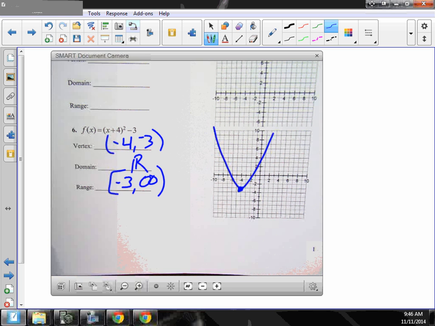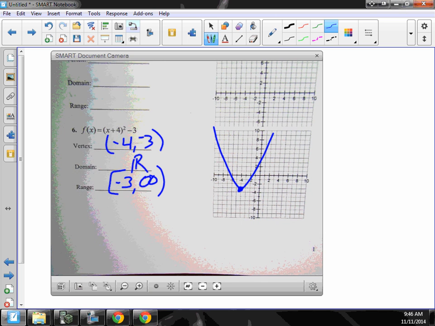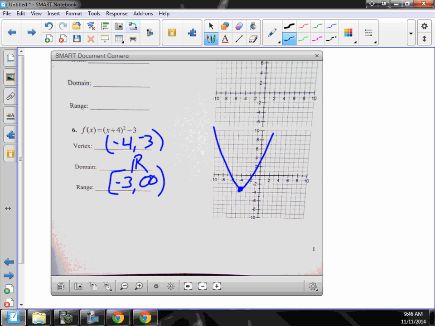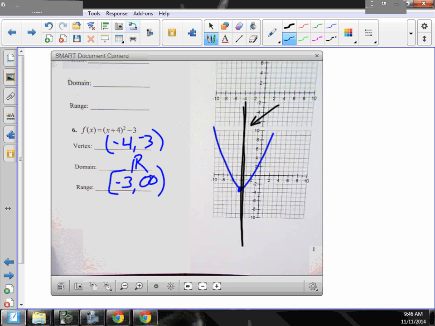And then it also says identify the axis of symmetry. There is a line that divides this parabola into two equal pieces, which is called a line of symmetry. What is the equation of the line of symmetry? It's x equals, so the axis of symmetry is x equals -4.